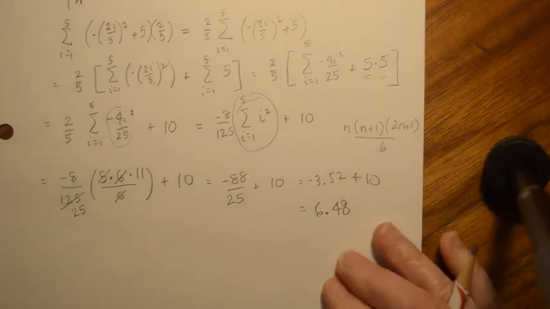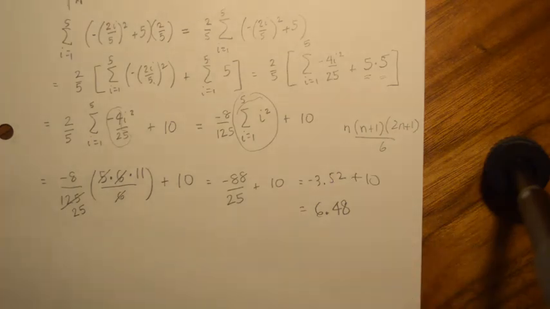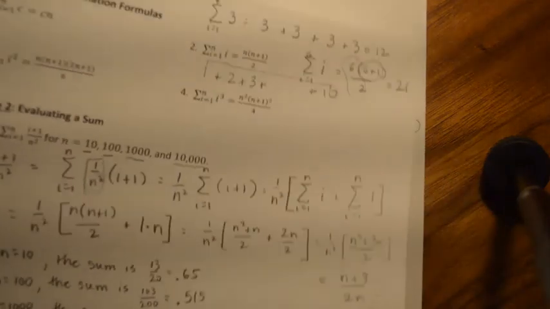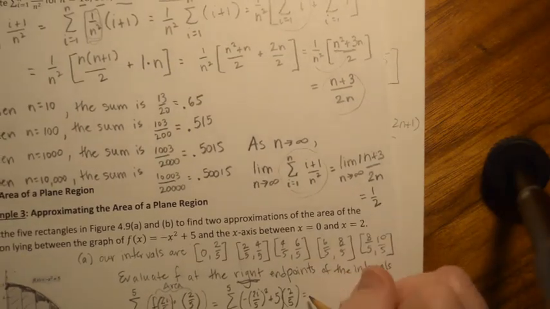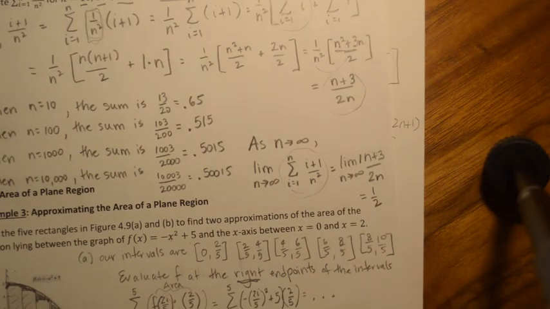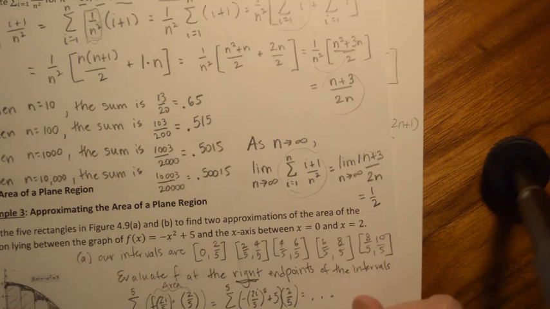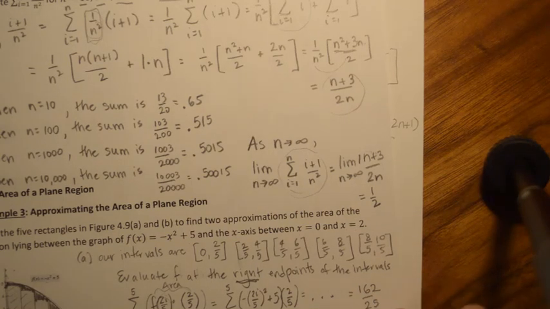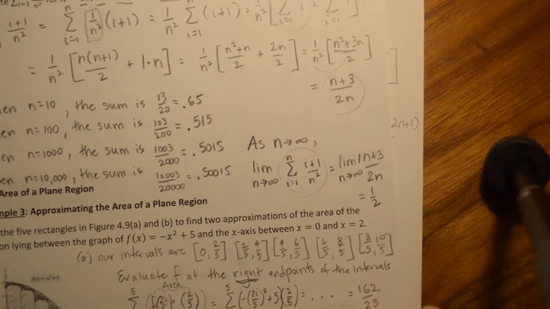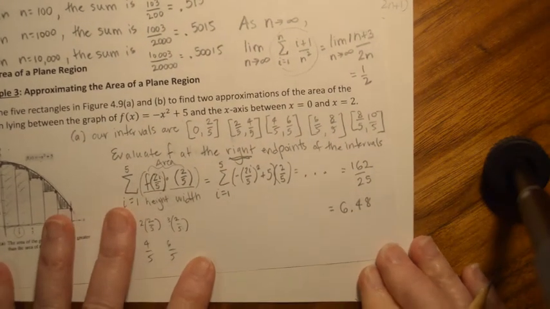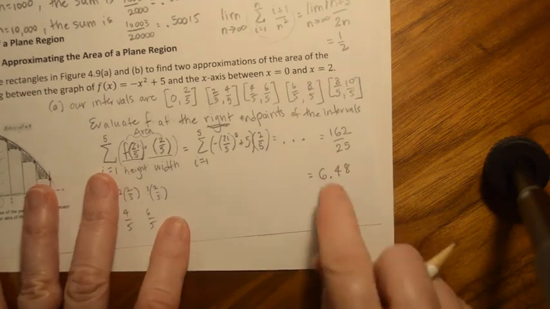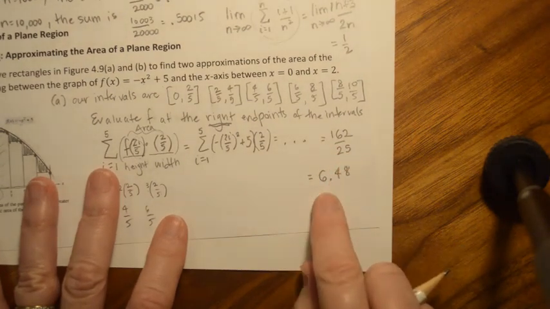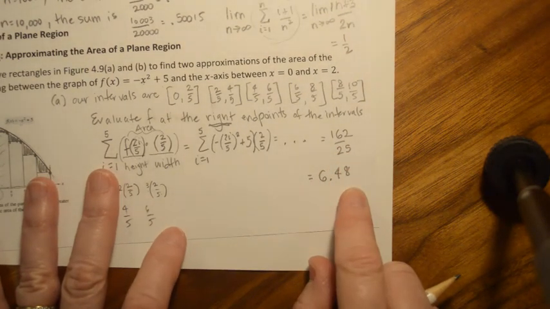All right, so the underestimate: all that work that we did, I'm just going to say dot, dot, dot. We did all this work, and we end up with 162 over 25, which is the same thing as 6.48. So it equals 162 over 25, and that gives us 6.48.